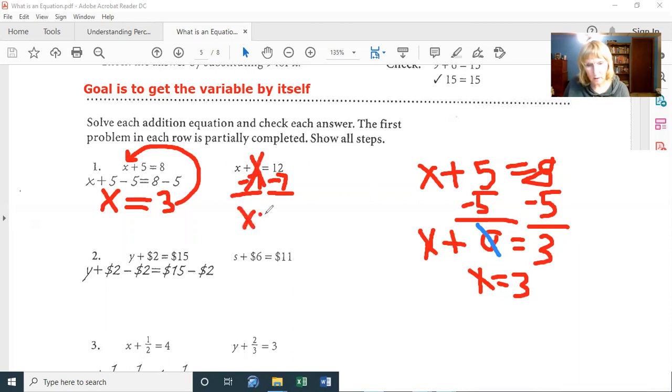And x is going to equal 12 minus 7, or 5. Then I can plug my 5 back into my original equation. My original equation was 5 plus 7 equals 12, and that is true, so we know we did it right. So that's what you're doing with those one-step equations.